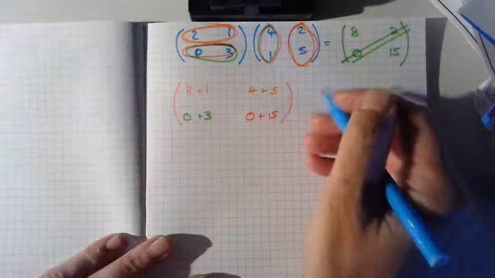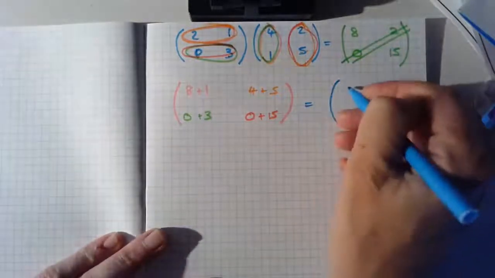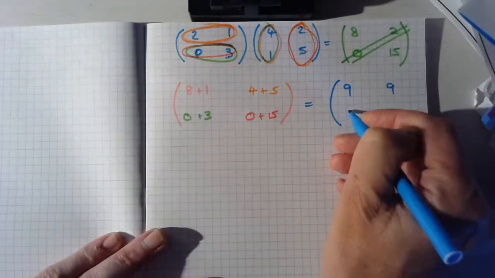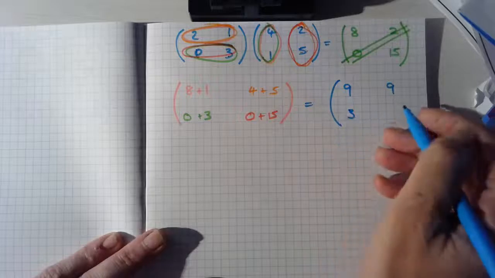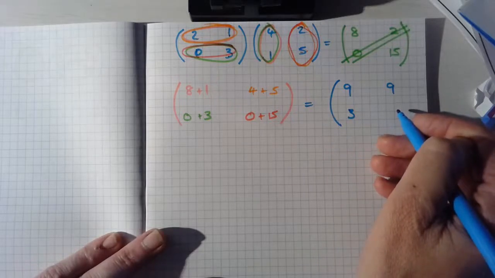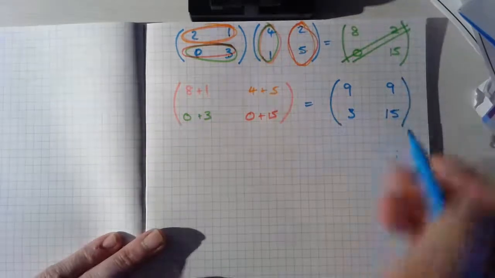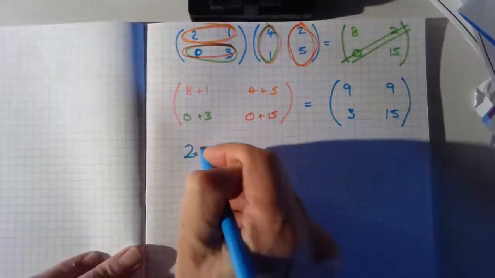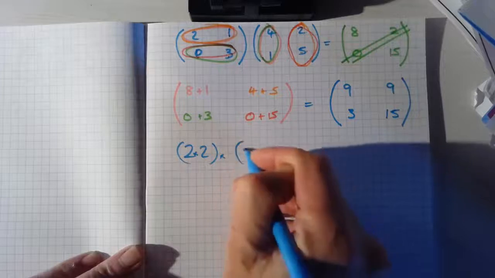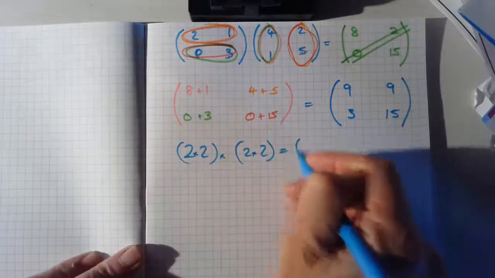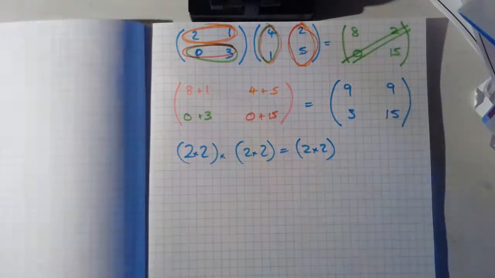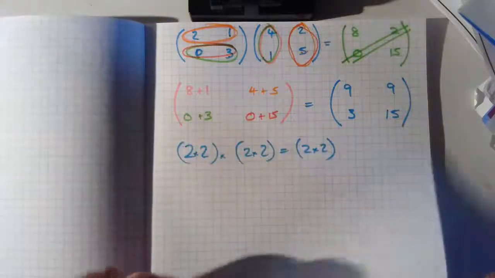So this matrix now becomes 9, 9, 3, and 15. So a 2 by 2 matrix multiplied by a 2 by 2 matrix will always result in a 2 by 2 matrix.